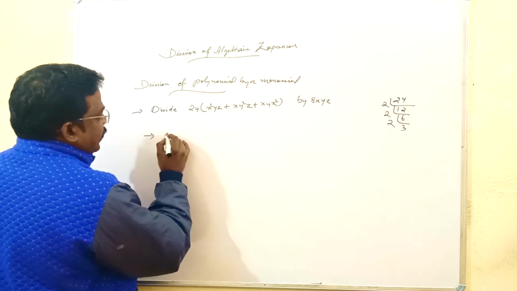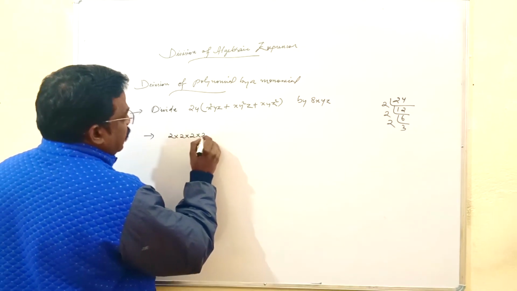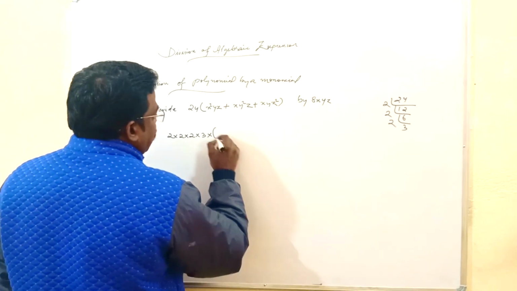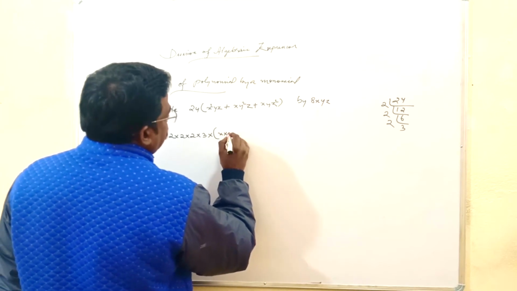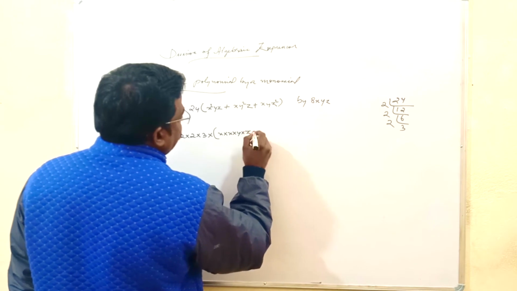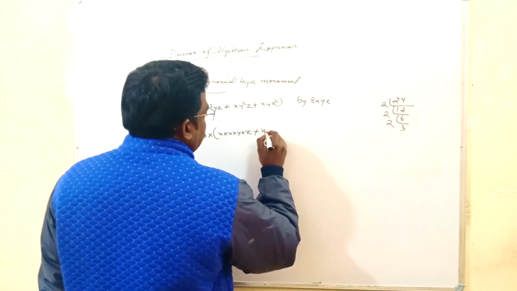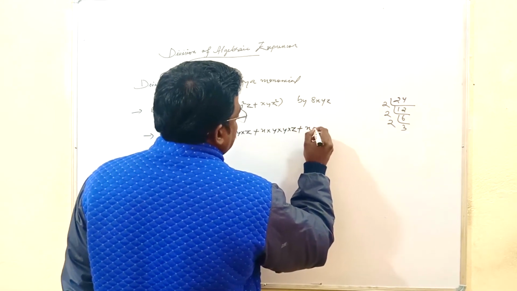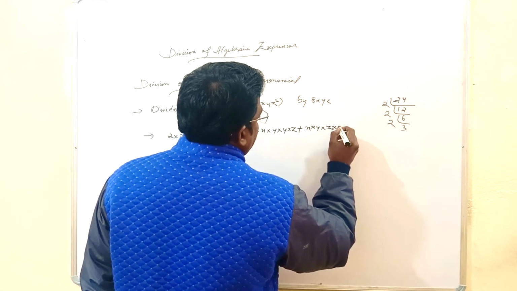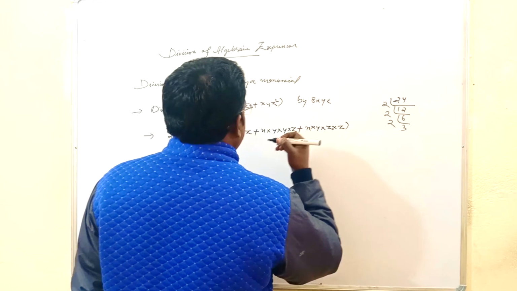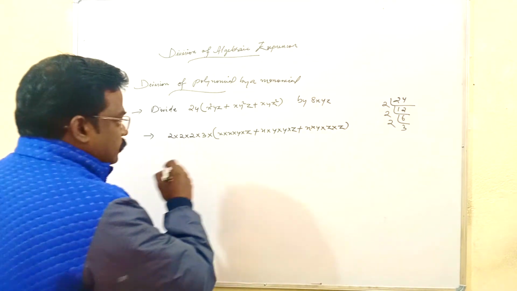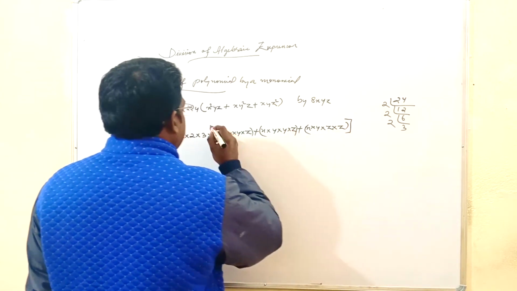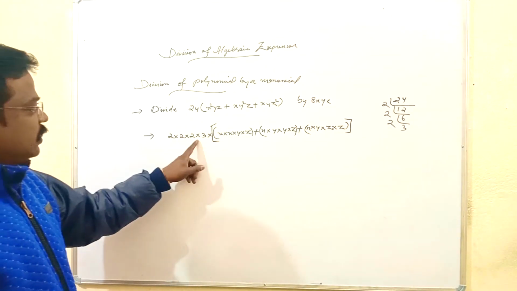So here, how can we factorize it? 2 into 2 into 2 into 3 into, then in bracket we can write x into x into y into z plus x into y into y into z plus x into y into z into z. Okay, so 24 is outside the bracket.